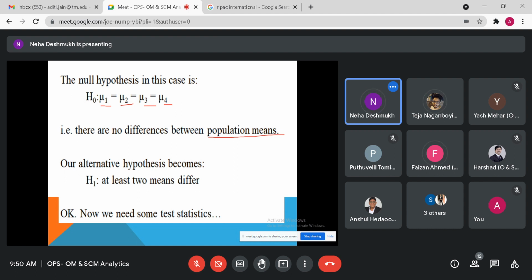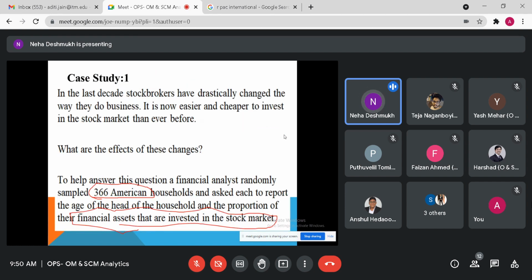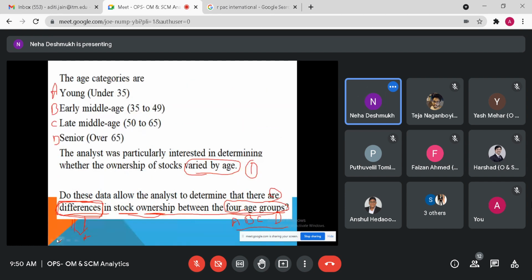Mu are the population means, not sample variables. This is the mu1 of this age group, this is mu2, this is mu3, and this is mu4.